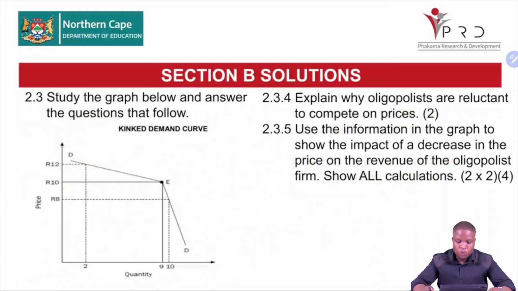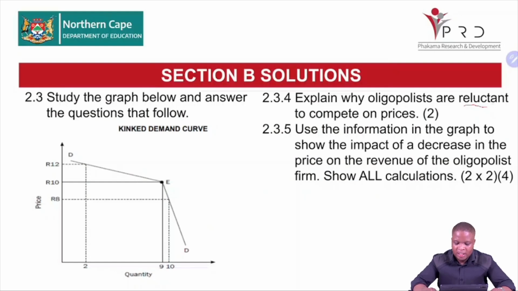2.3. Also, we have 2.3.4 and 2.3.5. Let's look at the question. You're going to look at the graph below and then answer the question. Explain why oligopolies are reluctant to compete on prices. So oligopolies are non-price competitors. You're going to explain why they don't want to compete on prices.